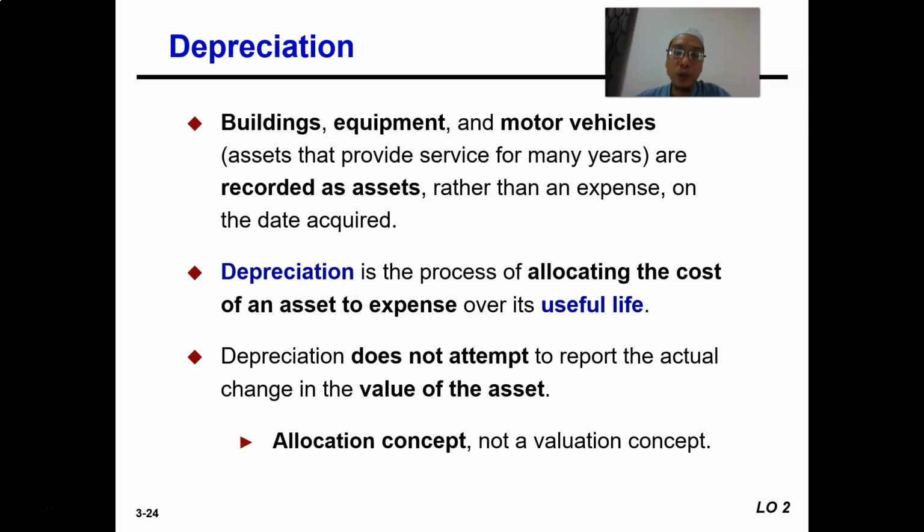Okay, so when a company purchases a building, they would expect to get benefit from the building maybe 30 years, maybe 50 years, maybe 100 years. Maybe if they purchase motor vehicles, they are expecting to get benefit from the motor vehicle for 5 years at least.